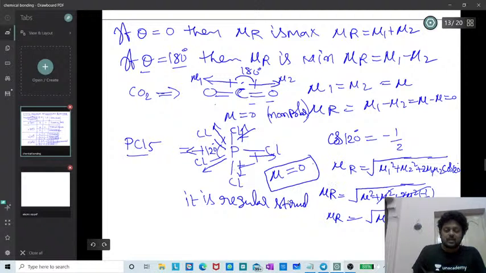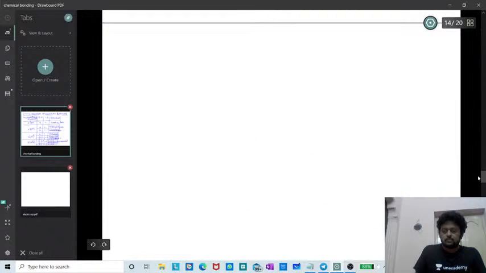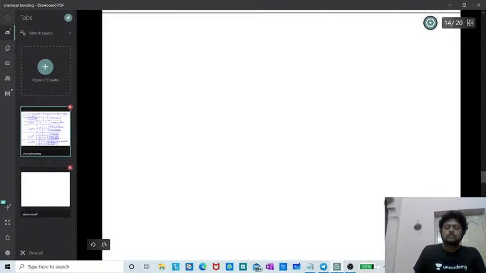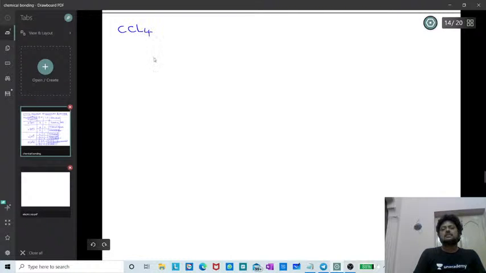For example, if you go for other structures like methane or CCl4, in CCl4 the central atom C has a tetrahedral geometry. This is the tetrahedral geometry.